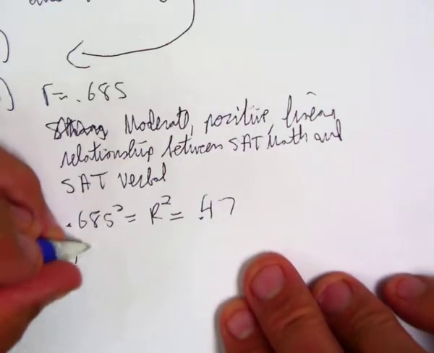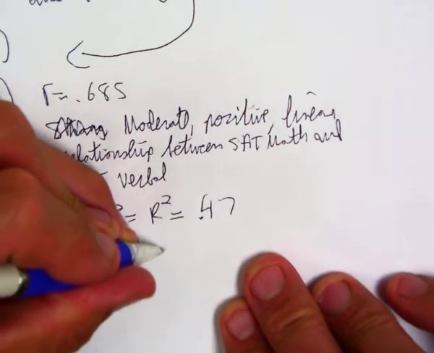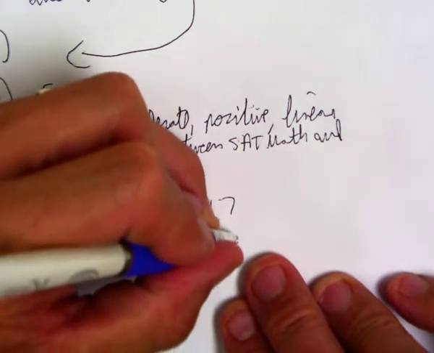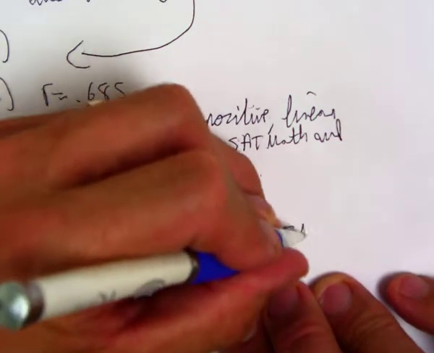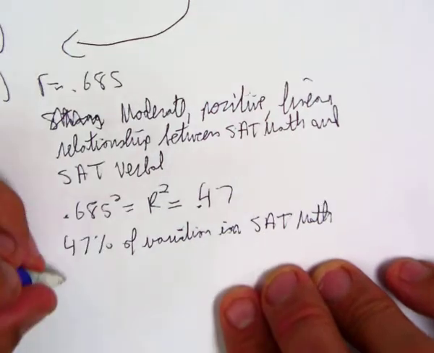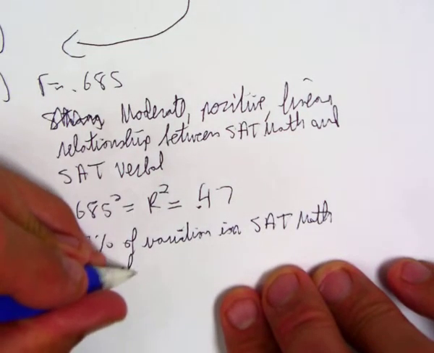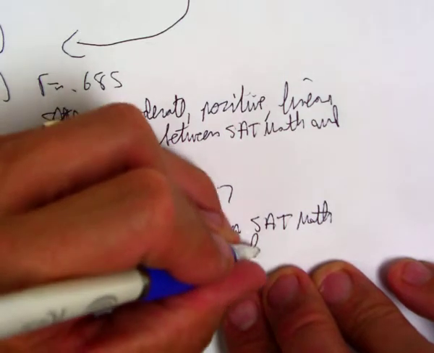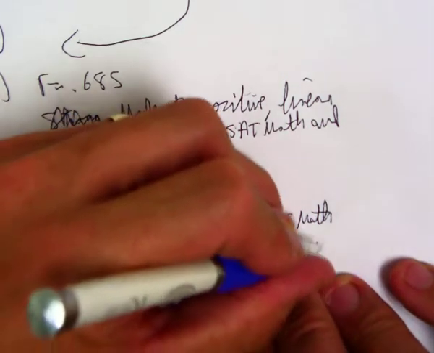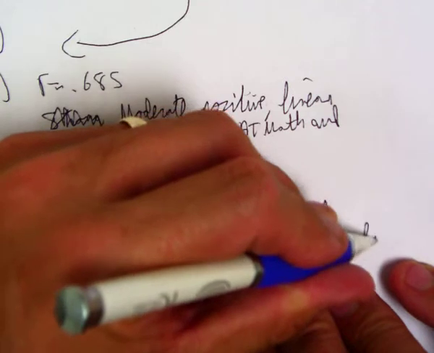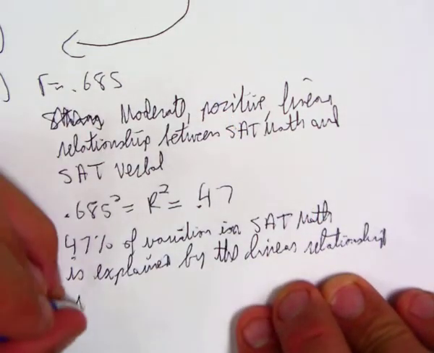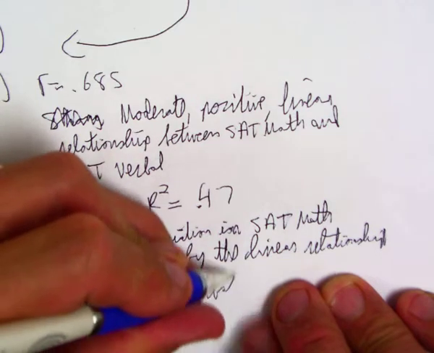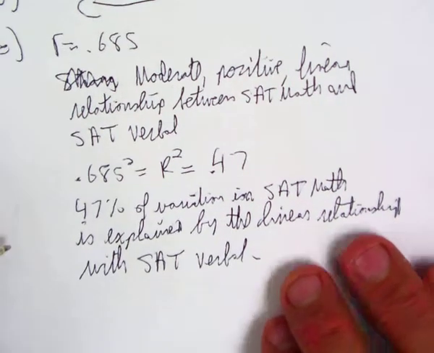So, 47% of variation in SAT math is explained by a linear relationship with SAT verbal. Okay, so that takes care of R.